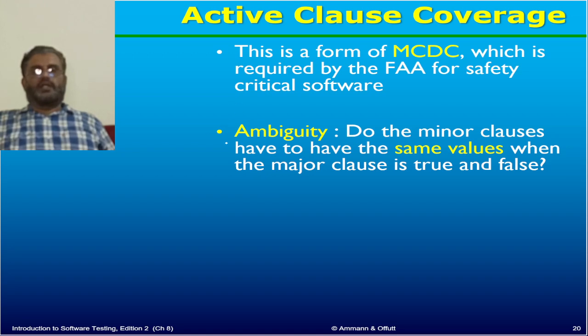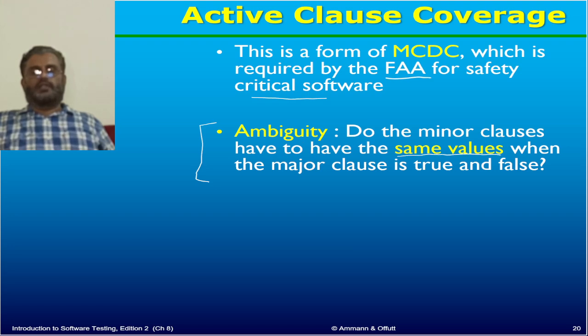So this active class coverage has been a form of MCDC, which is modified condition decision coverage, and it is required by FAA, which is the Federal Aviation Authority, for safety critical software in the aviation industry. But there is still ambiguity among testers about whether the minor clauses have to have the same values.